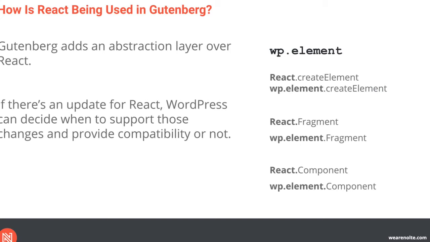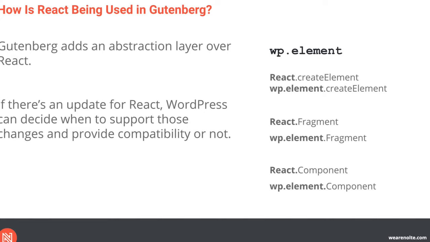Gutenberg adds an abstraction layer over React. If there is an update on React, WordPress can decide when to support these changes, and provide compatibility or not. We find the abstraction layer in the element package. So instead of using React createElement, we have wp.element.createElement.